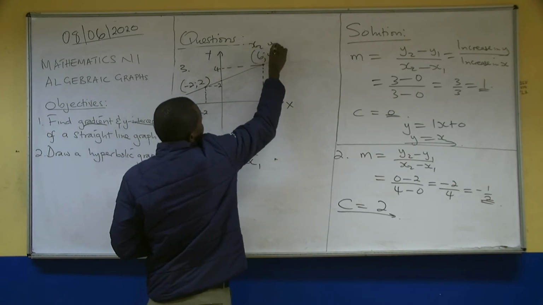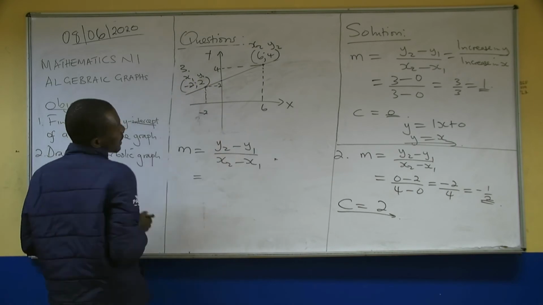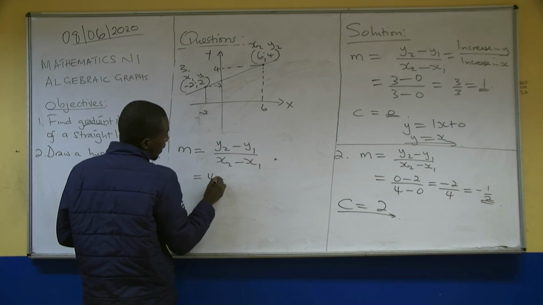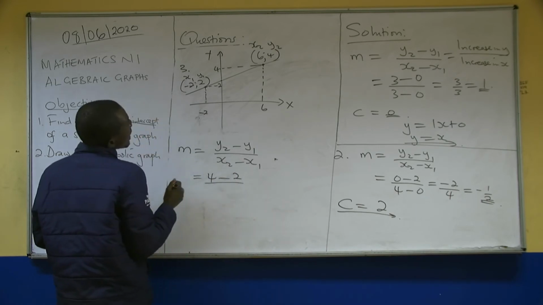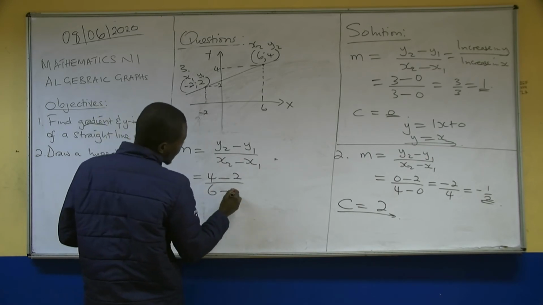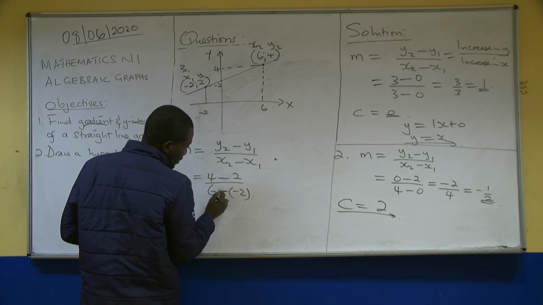Right, this will be equal to, if you choose this to be x2, automatically this becomes y2. This will be x1, this will be y1. So our y2 is 4 minus y1 is 2 over x2 is 6 minus our x1 is minus 2.